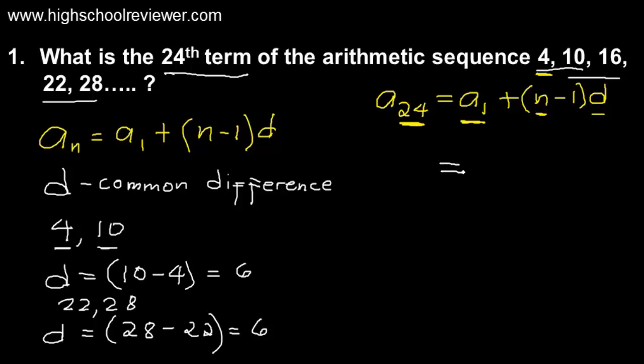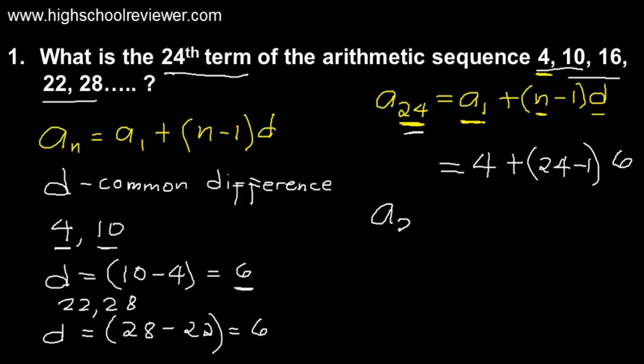So our a sub 24 will now be equal to a sub 1, which is positive 4, plus our n, which is equal to 24, minus 1, multiplied by d. Our d is positive 6.